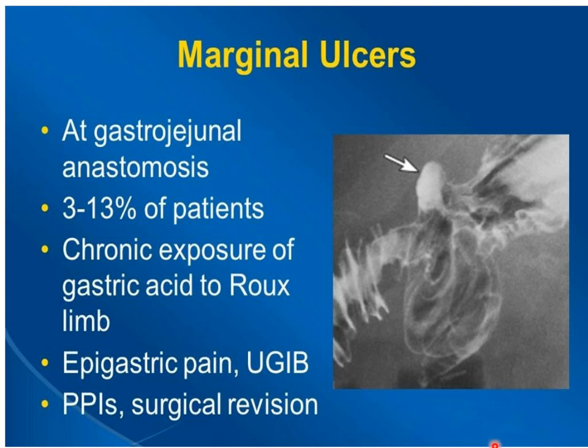Anti-acid drugs are usually recommended, and surgical revision is also recommended for them. This is the pouch, right? This is the small pouch, this is the Roux limb of the jejunum, and this is the ulcer, with contrast.